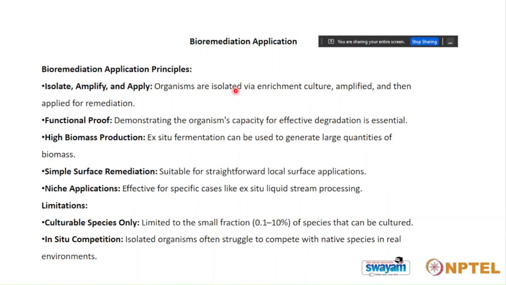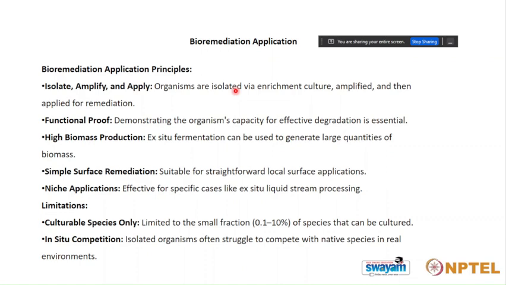And they also have certain limitations. There are only a small number of species that can be cultured, about 0.1 to 10% of species. So only these species can be utilized in the process of bioremediation, because only if we can culture a species can it be studied well.